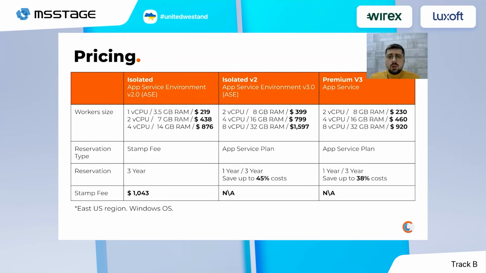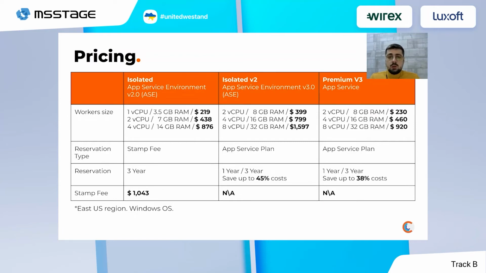deployment model. Regarding the old plan ASE v2, the stamp fee was gone in v3, which was, by the way, more than $1,000 per instance per month. Also added is the ability to make a reservation for 1 or 3 years, which will help you save up to 45% of your money.